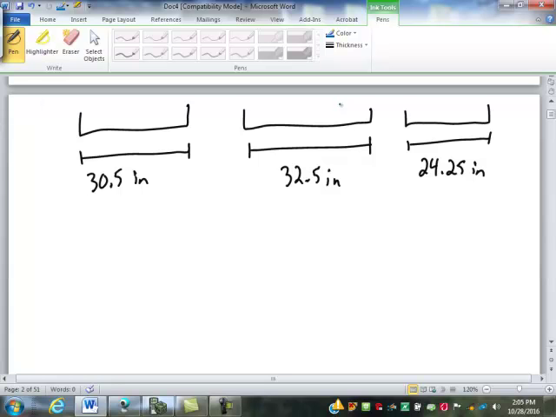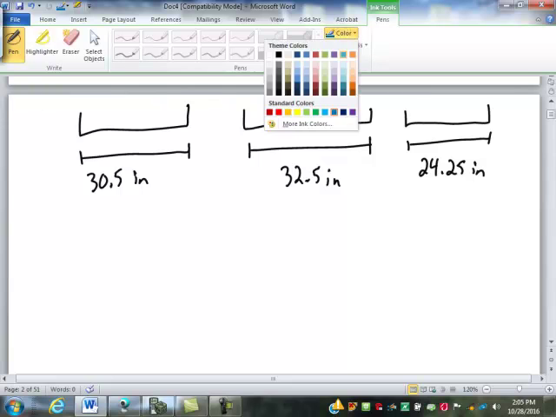Depending on the situation, it may be appropriate to have absolute allowances where each of them has 0.05 or even 1/10 of an inch or whatever, where we're allowing it to be off. Or, in some cases, the bigger it is, as we talked about with our relative errors in our measurements, if it's larger, it can be off by a little bit more.